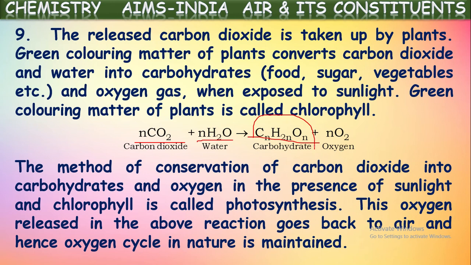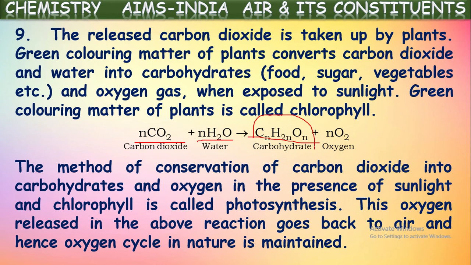Animals and human beings take the oxygen gas, use it for the respiration process, and release carbon dioxide gas. This released carbon dioxide gas is again used by plants for their food preparation by the process called photosynthesis, and there they release oxygen gas into the atmosphere. So in this way a mutual exchange is happening. Animals release carbon dioxide gas, plants release oxygen gas.